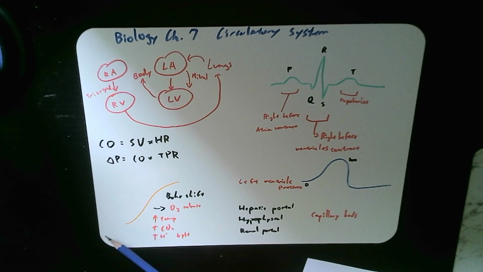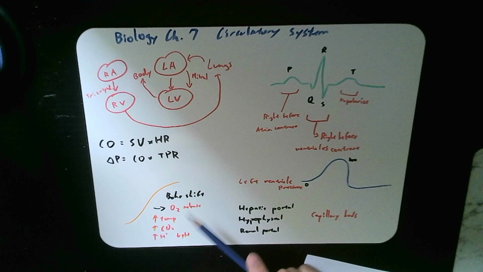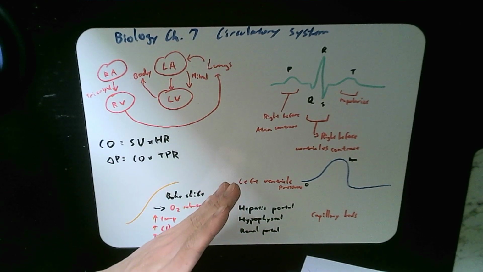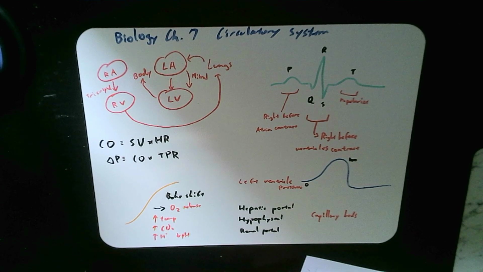At the tissues, the red blood cells are going to have a lower oxygen concentration because they're delivering it into the tissues. But when you get back into the lungs, you're going to have a high, 100% oxygen concentration. Now, the Bohr shift basically says that O2 will be released more. This whole graph will be shifted to the right to release a lot more of the oxygen at the tissues.